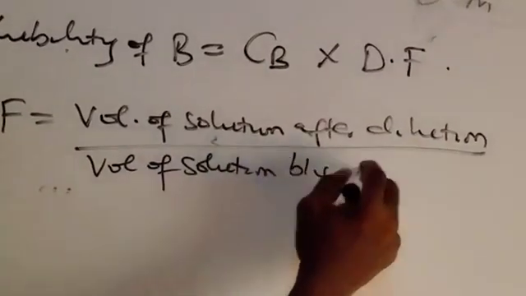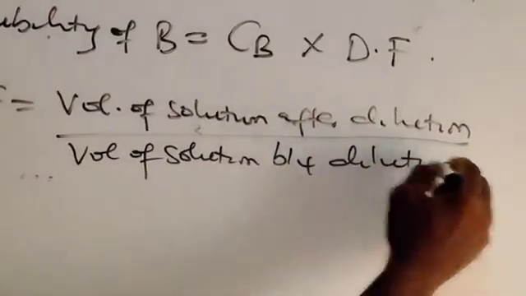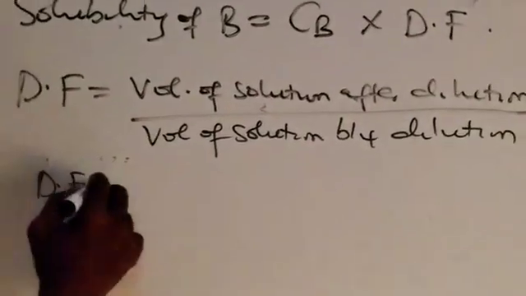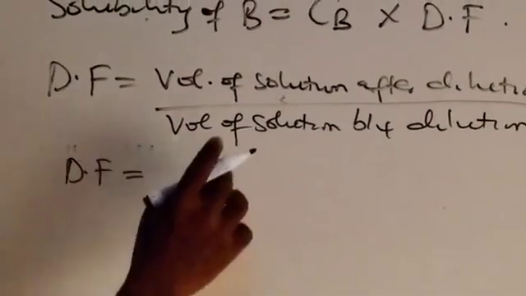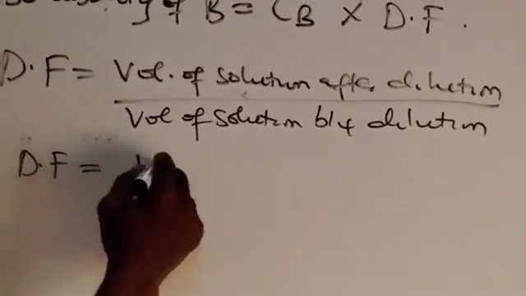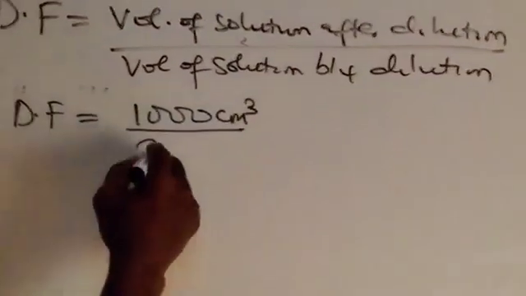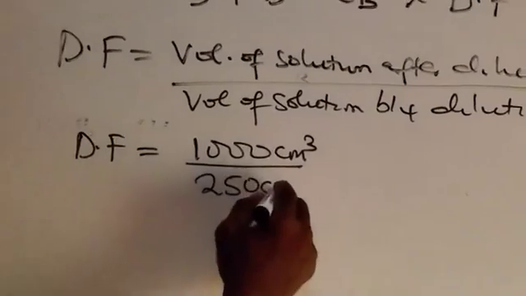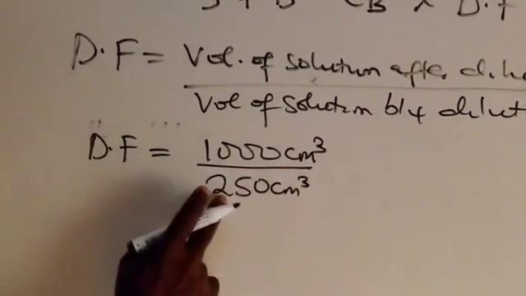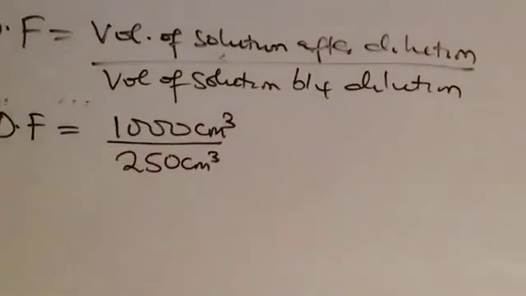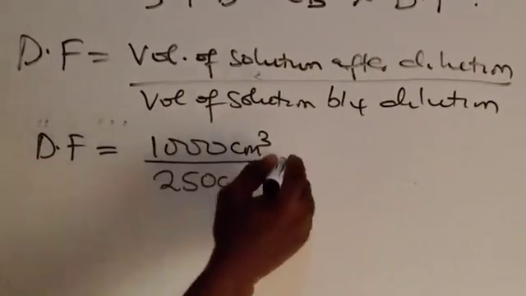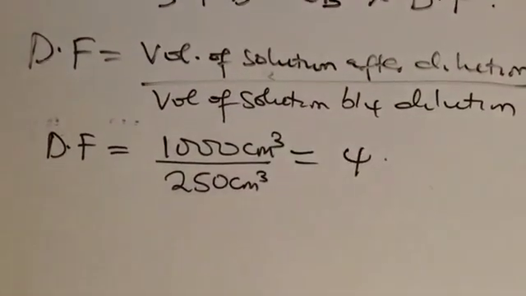If you look at the equation we read out, the volume of solution after dilution is 1 dm cube, which is 1000 cm cube. The volume before dilution is 250. So the solution was prepared by dissolving 1.5 gram in 250 cm cube and diluting it to 1000. So divide this, you have the ratio, you have 4, that is the dilution factor.